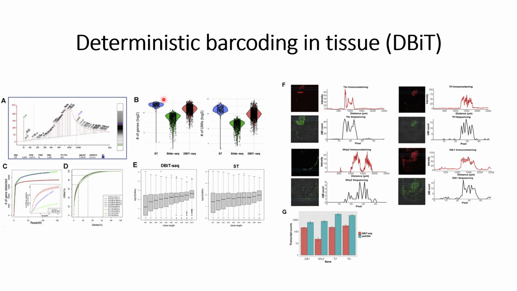And in the paper they mention that the spatial transcriptomes genes are slightly higher than DBiT-seq, but this can be compensated by the microfluidic width used. In the spatial transcriptomes they use a 50 micrometer width, whereas in DBiT-seq they used a 10 micrometer width microfluidic chip.